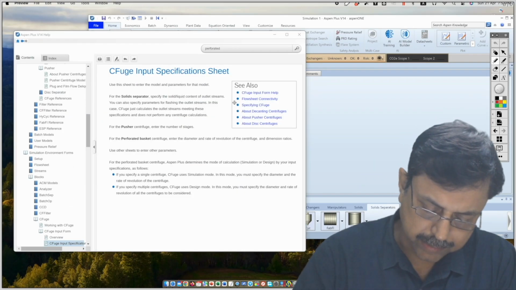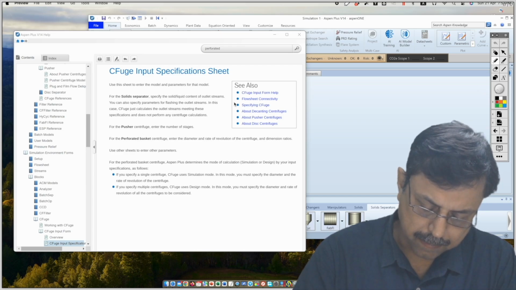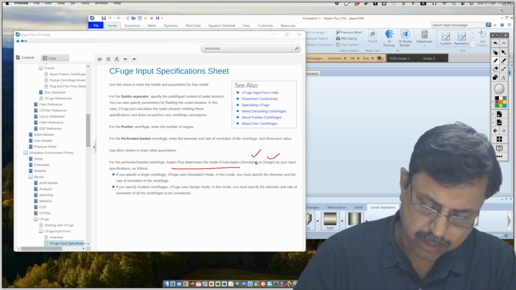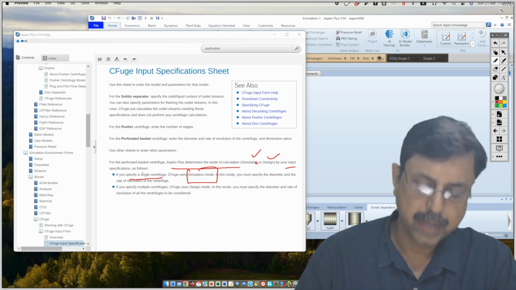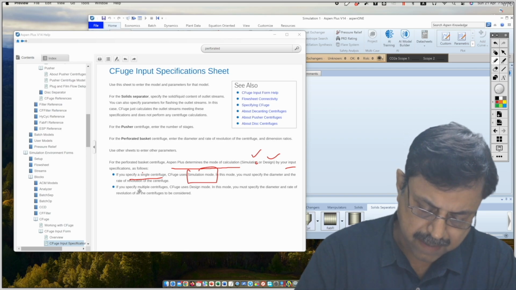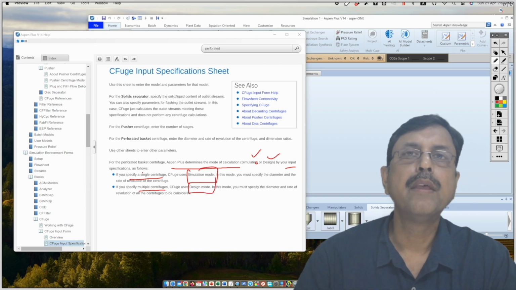Because here you can see for the perforated basket centrifuge, Aspen Plus determines the mode of calculation, either simulation or design, by input specification as follows. Now, if you specify a single centrifuge, that is used in simulation mode. But if you specify multiple centrifuges, that means it is design mode.